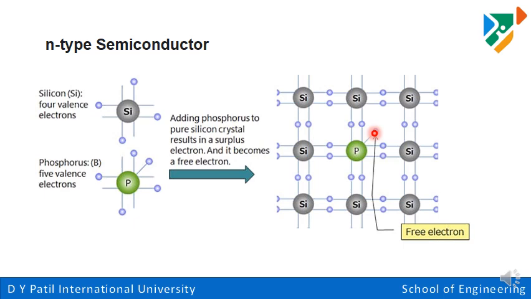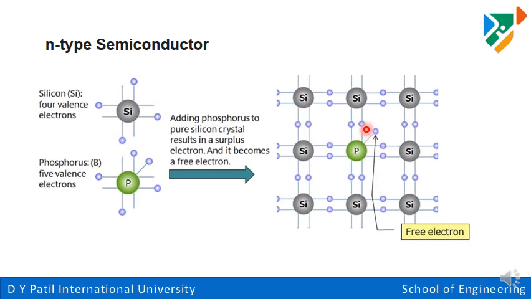The 5th electron of the atom does not have a chance to form a covalent bond. So this is an additional valence electron which can enter the conduction band very easily, making it a free electron. Thus, corresponding to each impurity atom, an extra electron becomes available for conduction.